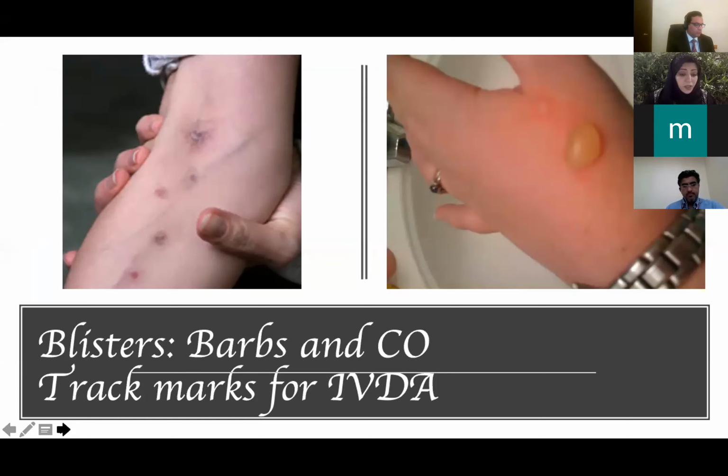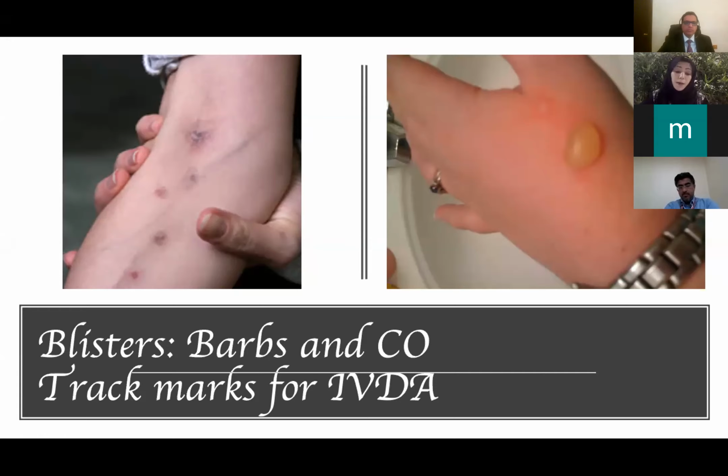Look at the patient's skin. If you see marks, then you know there is a mix, and most probably they're opioid. There are sometimes funny and sometimes very sad stories about blisters and the skin. There are two things that famously cause a blister, and it's so funny. I don't know the pathophysiology behind it. But if you take the fluid inside this blister, it's going to be positive for barbiturate.